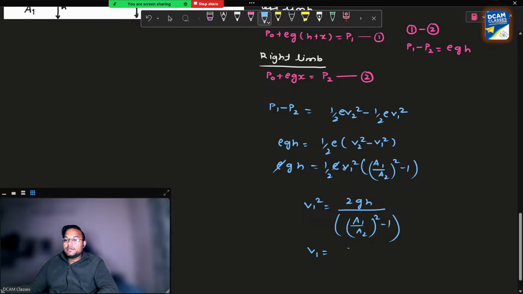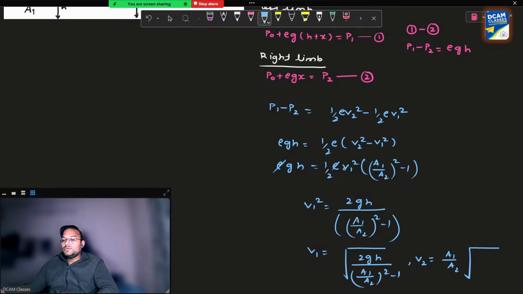So V1 is equal to root over 2gh by (A1 by A2 whole square minus 1). This is V1. If you want to find V2, V2 will be A1 by A2 into V1. This means A1 by A2 into root 2gh by (A1 by A2 whole square minus 1). These are your velocities.